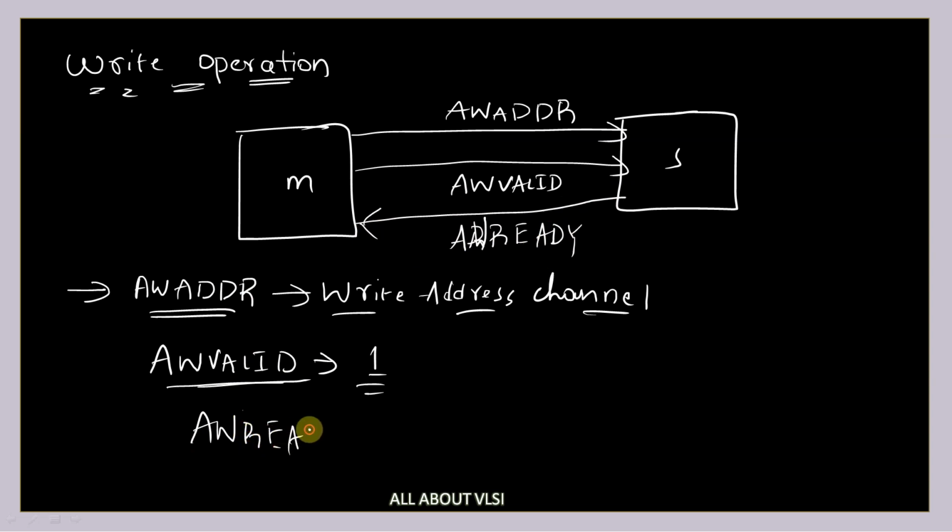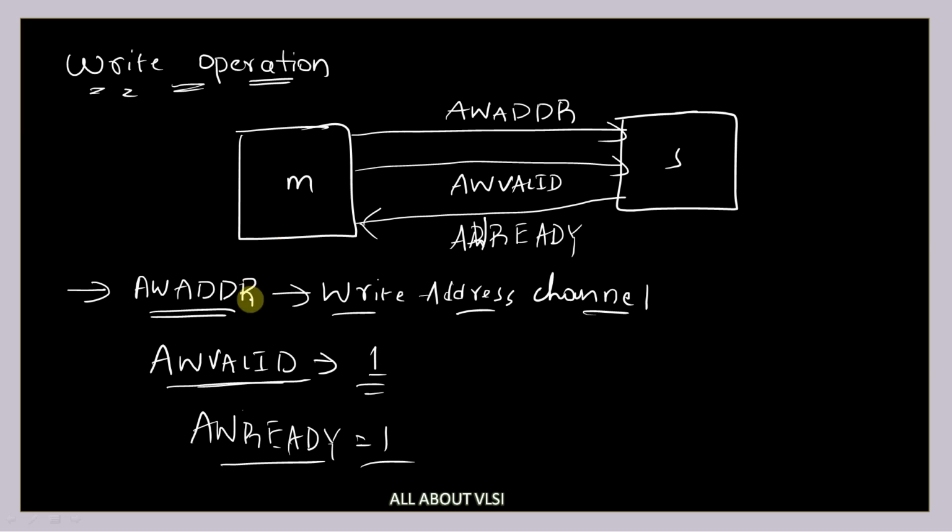This AW ready signal indicates to the master that the slave has completed the transaction successfully, so the slave has successfully sampled all the address information. If AW ready is equal to 0, that means the slave has not sampled the address information and it needs some time, so the master is not going to change the address information or any other control signal information present on the bus. So this is a very important signal for the master to proceed or to end the transaction.